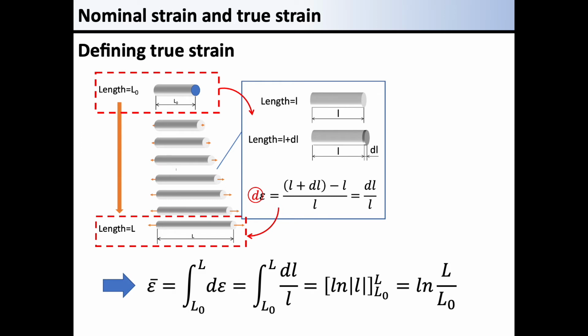The strain is the sum of the small amount of strains d epsilon or dl over L. This is integrated from L0 to L. In this calculation, since the integrated function is dl over L, we get log, and we get the strain as log L over L0, which is the sum of d epsilon or dl over L. This value is called the true strain.